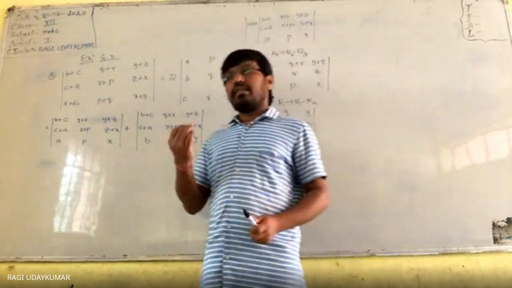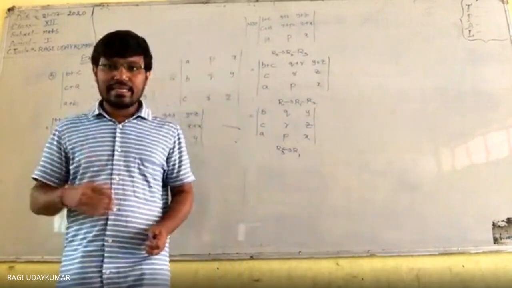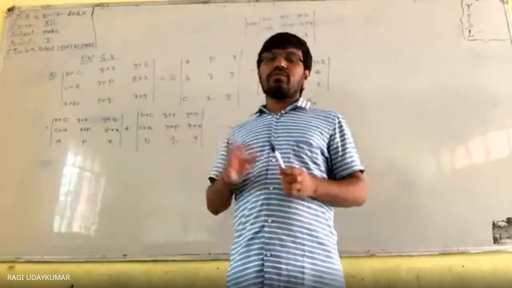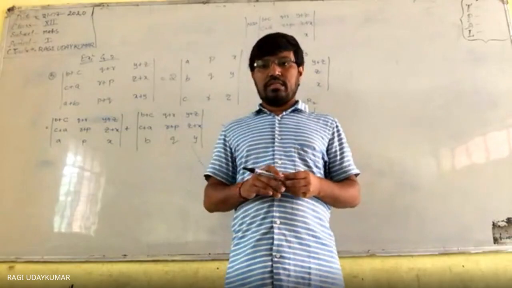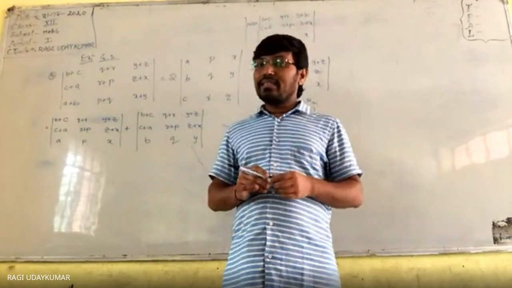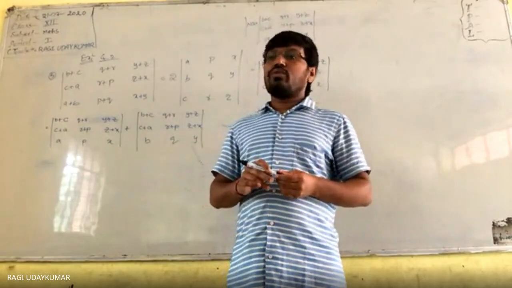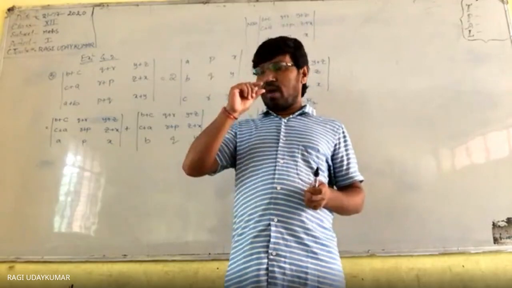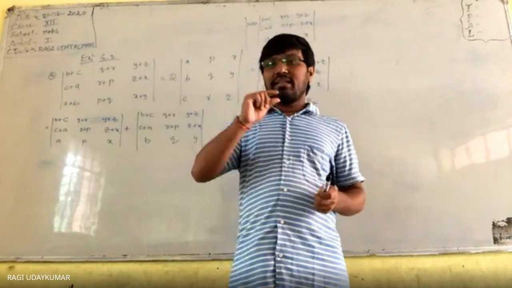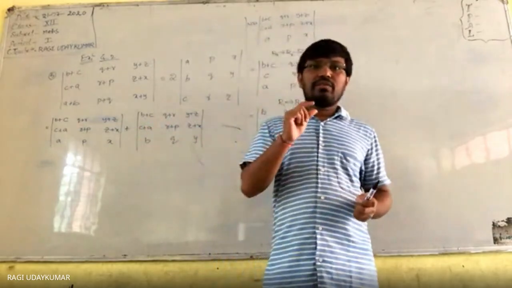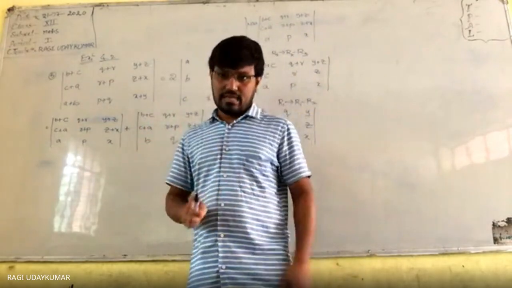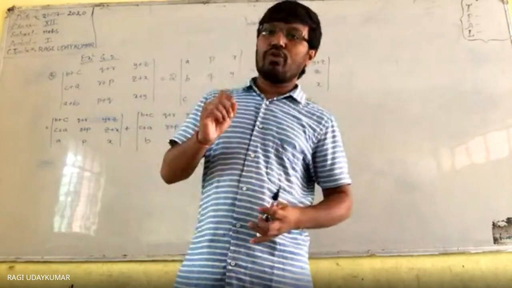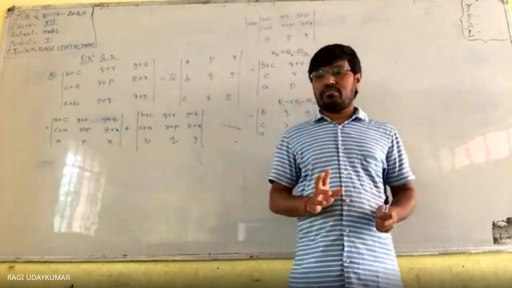Third one is when two columns or two rows are identical, then the determinant will be equal to 0. Like these, 6 properties I told you. The fourth one is when you multiply one row. If suppose 2 into determinant of the matrix A, means 2 should be multiplied to any one row or any one column.